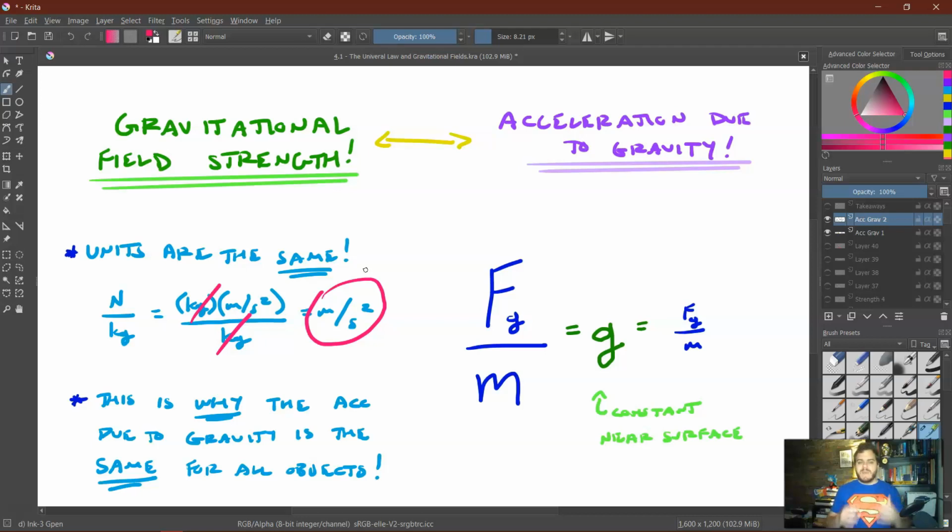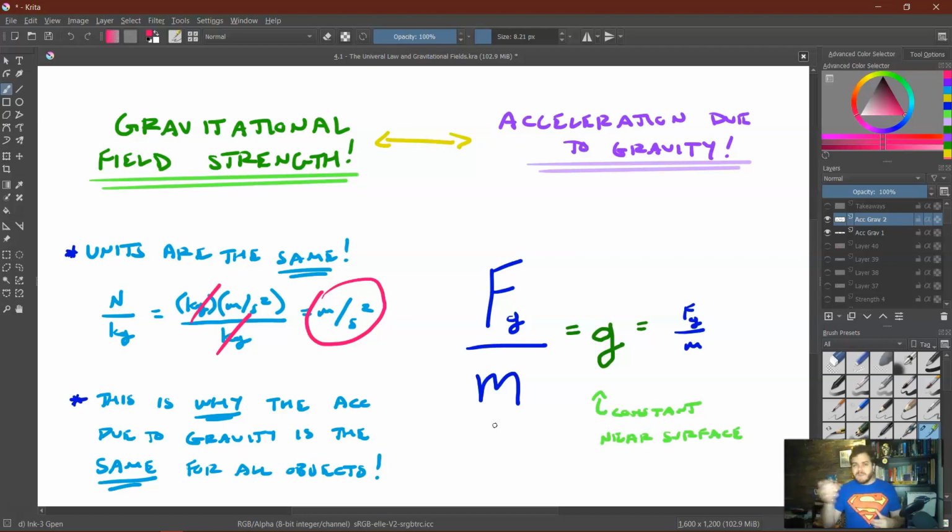Additionally, this is why the acceleration due to gravity near the surface of the Earth, or really at any point, is the same for all objects. Because it only depends on the mass of the Earth and the distance from the center of the Earth. It does not depend on whatever object we put there. If you put a really big object in the field, like a gigantic wrecking ball, it's going to experience a really strong gravitational force near the surface of the Earth.